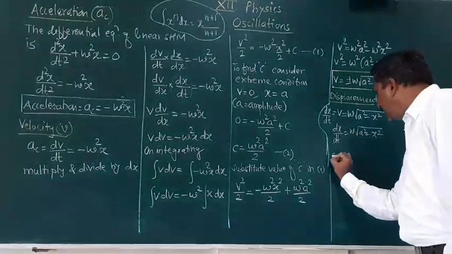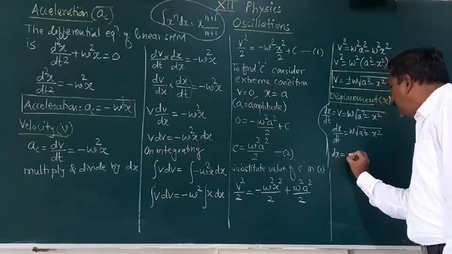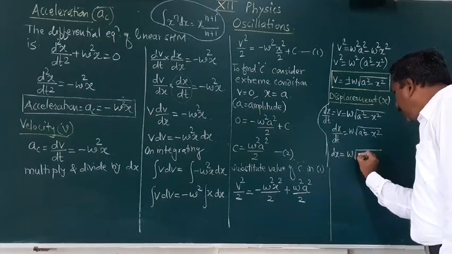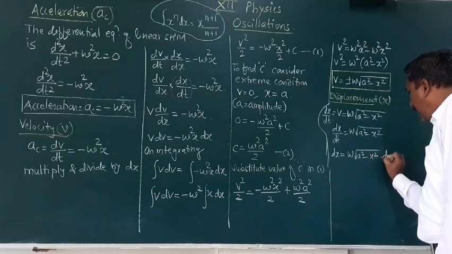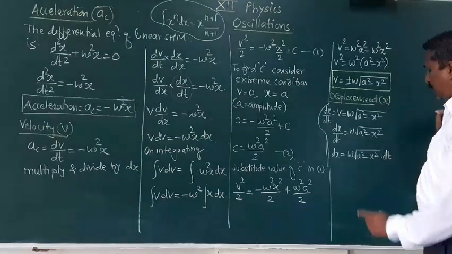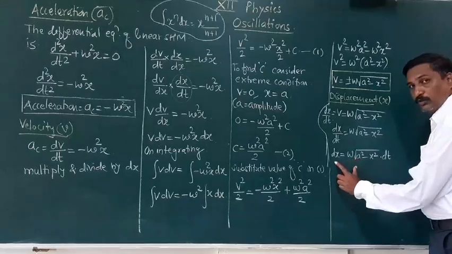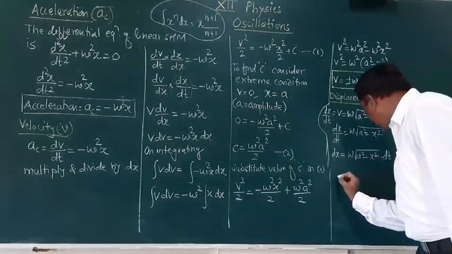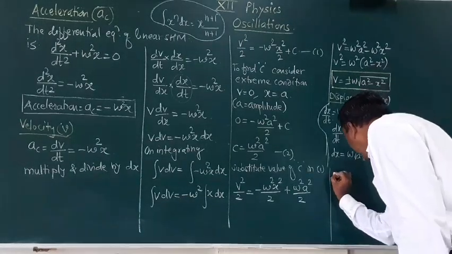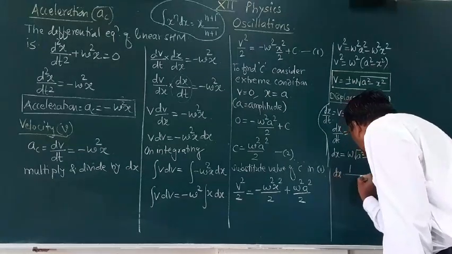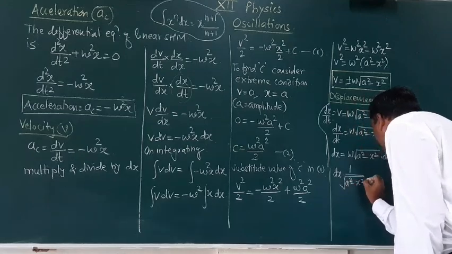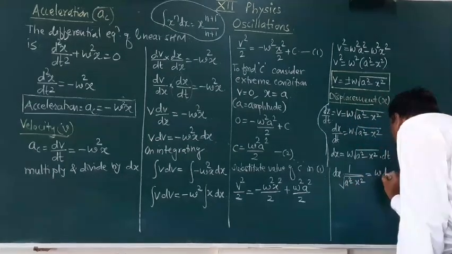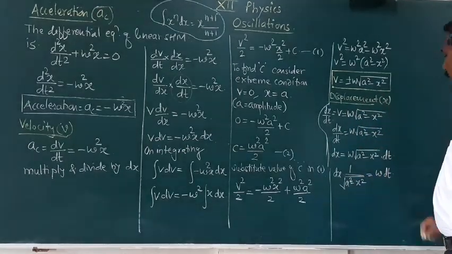So I am writing this same equation here. dx equals omega into root a square minus x square multiplied by dt. The dx term comes to this side, so my equation becomes dx into 1 upon root a square minus x square equals omega into dt.